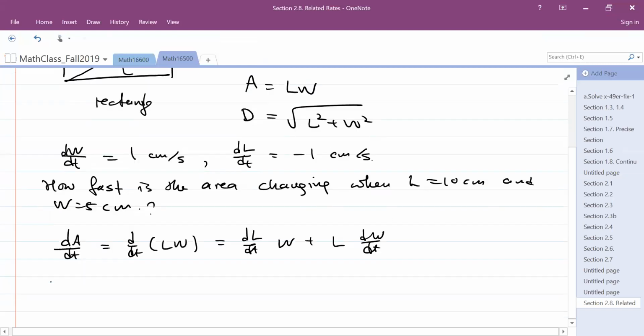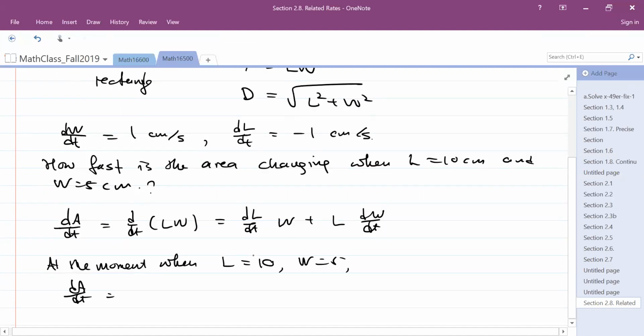So at the moment, when we don't know the time, okay, when L equals 10, W equals 5, what do we get? At that moment, it is going to be the derivative of L, which is -1, times W, which is 5, plus L, which is 10, times dW/dt, which is 1.